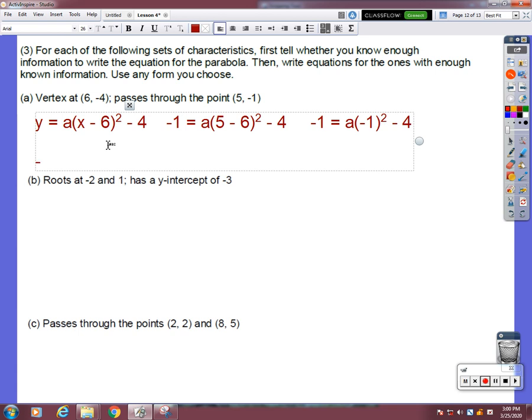So the next line would look like 1 equals 1a minus 4. If I add 4 to both sides, then that tells me that a equals 3. So, final answer for this one would be y equals 3 times x minus 6 squared minus 4.